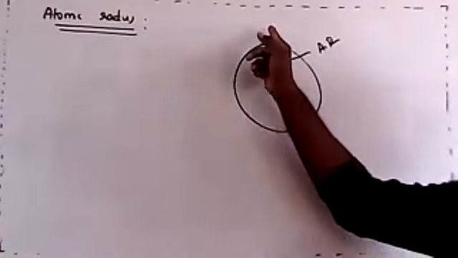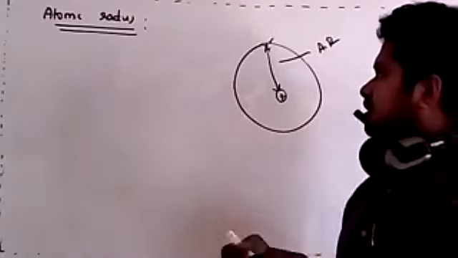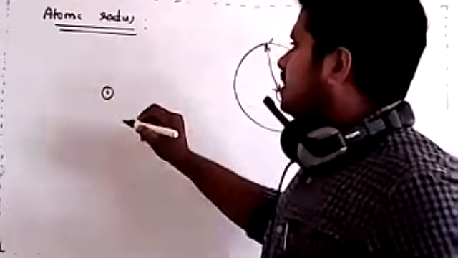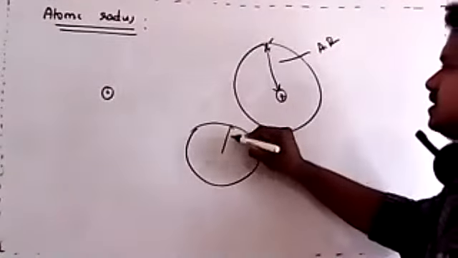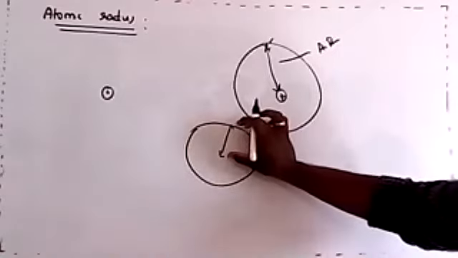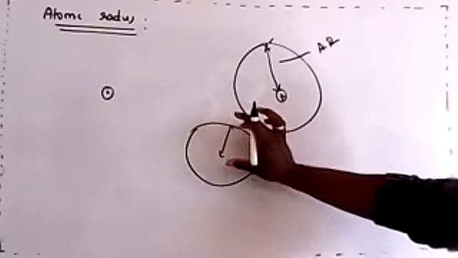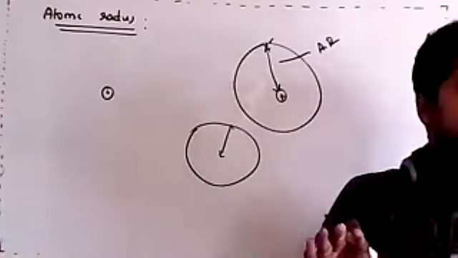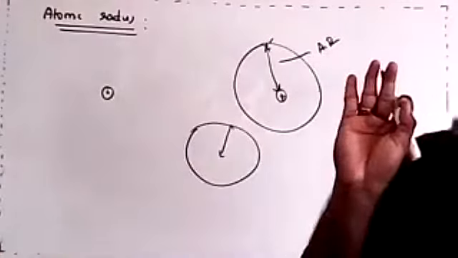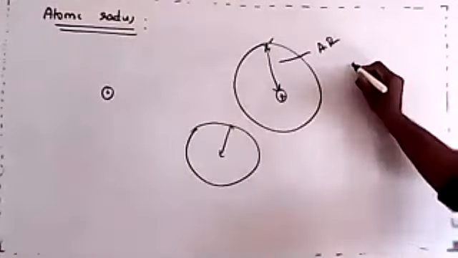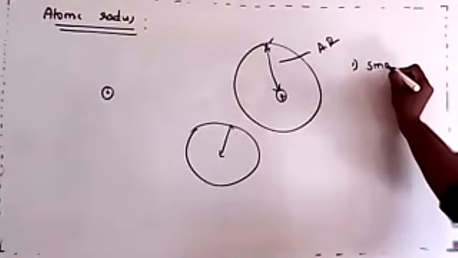Let me have a quick revision. Why is it not easy to find the atomic radius? First of all, the atom is so small. If I draw a circle and tell you to measure this distance, you can easily find that it is around 5 or 10 centimeters by using a scale. But the atomic radius you cannot find that easily. The reason is, atoms are very, very small.